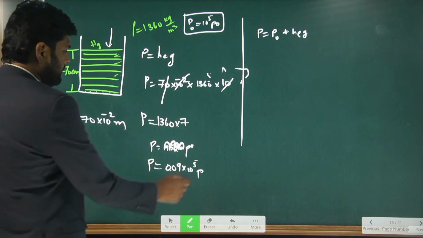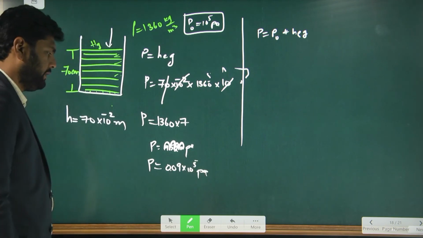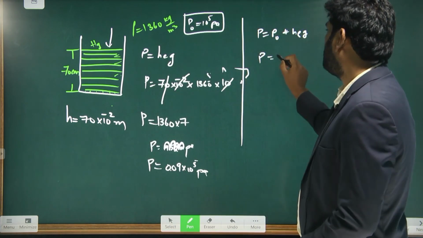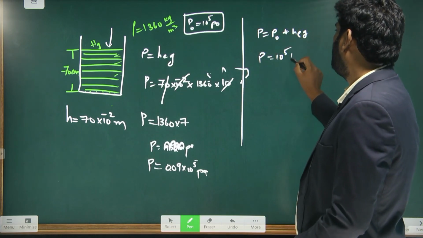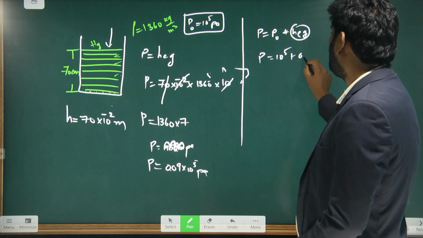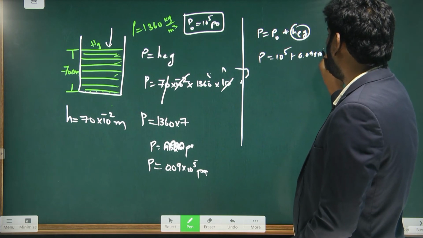You can take it in that way. Then total pressure is equal to P naught, whose value is 10 power 5, plus 0.09 into 10 power 5 pascal.